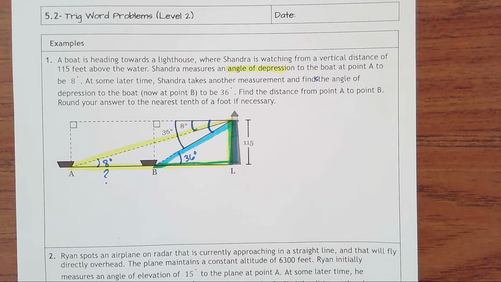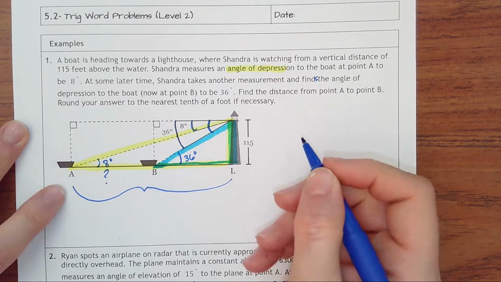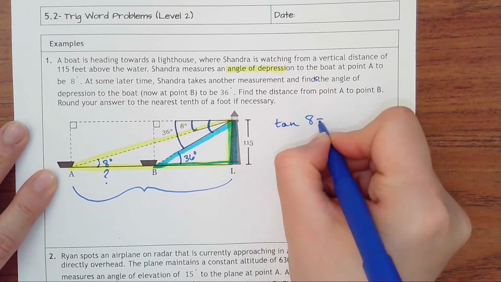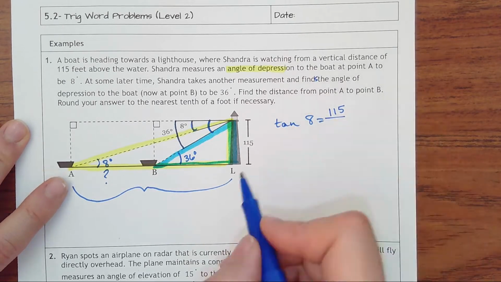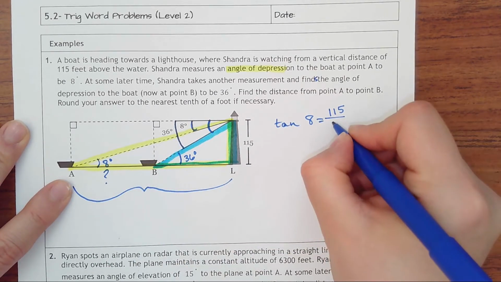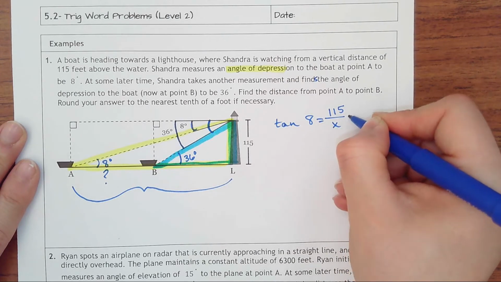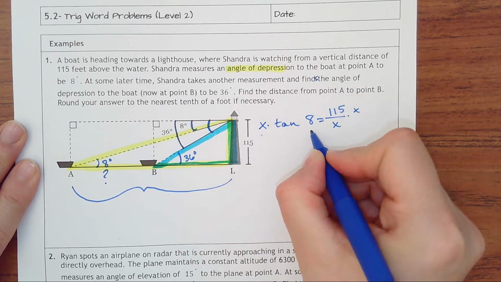And so, let's set up the first one. We would have tangent of 8 degrees equals opposite is the 115 for the lighthouse over, we don't know, we'll call it X. So I hope you're noticing or remembering that when I have X in the denominator, yes, I multiply by this, and then I end up dividing by tangent of 8.